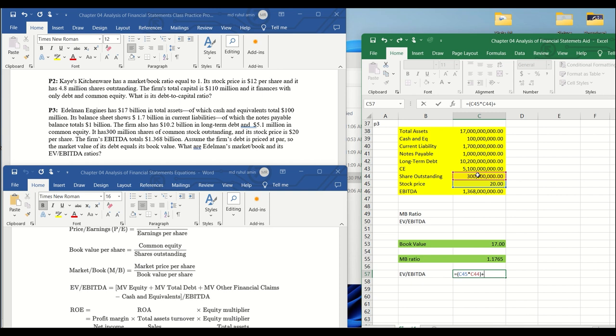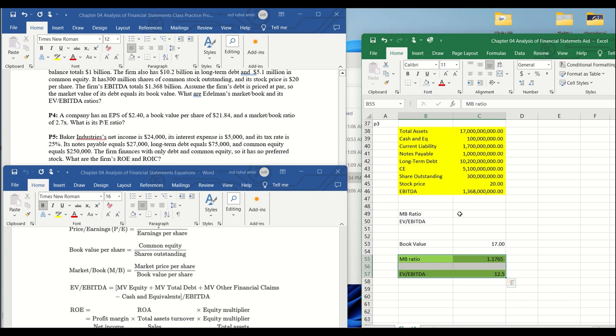Market value of other claims equals long-term debt plus notes payable, then minus cash and equivalents. Cash and equivalents, this one, should be rounded up, and then divide by EBITDA. 12.5. So this should be our second part, or I don't even need to mark this one because this is not the main result we want. So these two would be the answer.